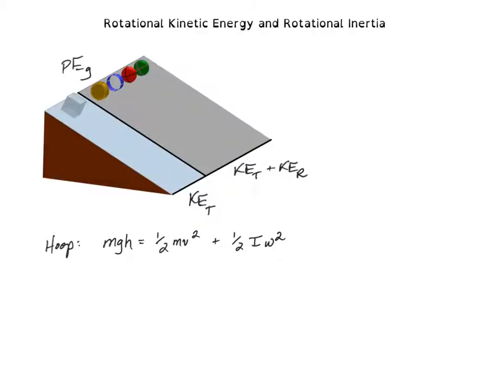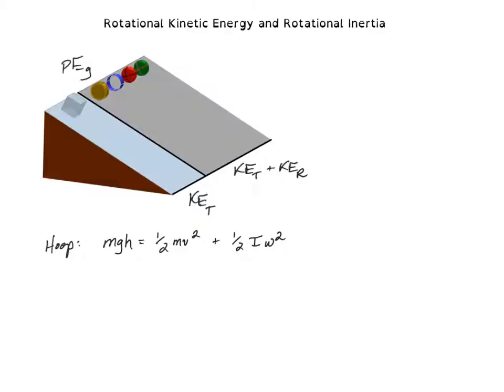Now, here we can plug in some different things in our rotational kinetic energy equation. Notice how similar this equation is to our translational kinetic energy equation. Remember, we're just plugging in those rotational terms now.